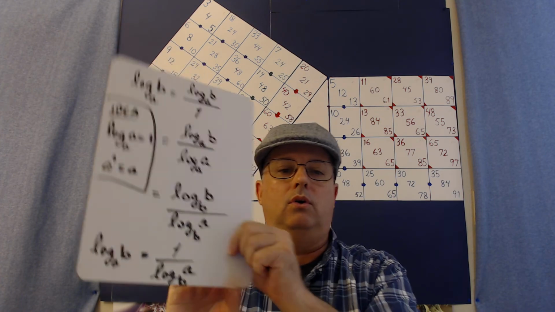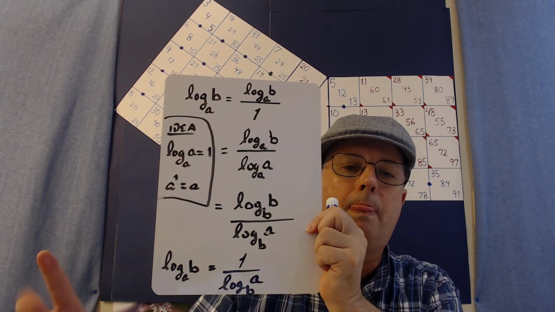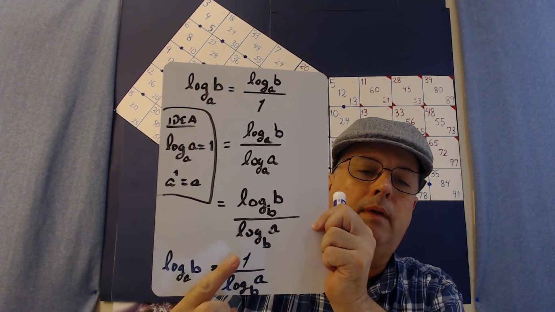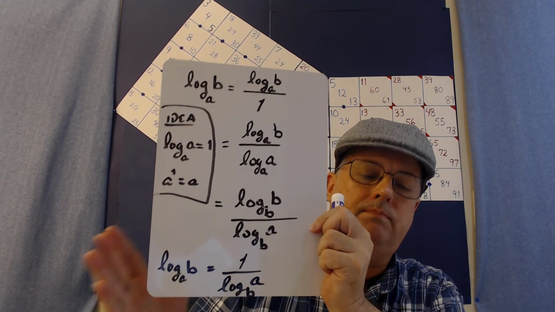Okay, pretty extraordinary. An extraordinary feature of logarithms. So that's the reciprocal of logarithms. That the log base a of b is the same as 1 over the log base b of a.